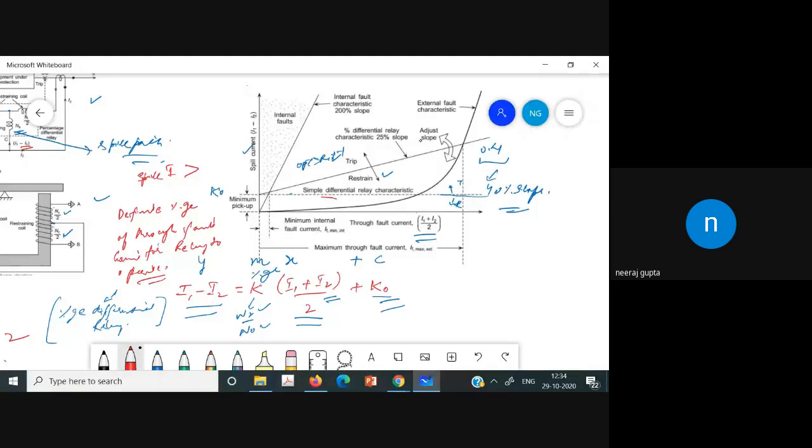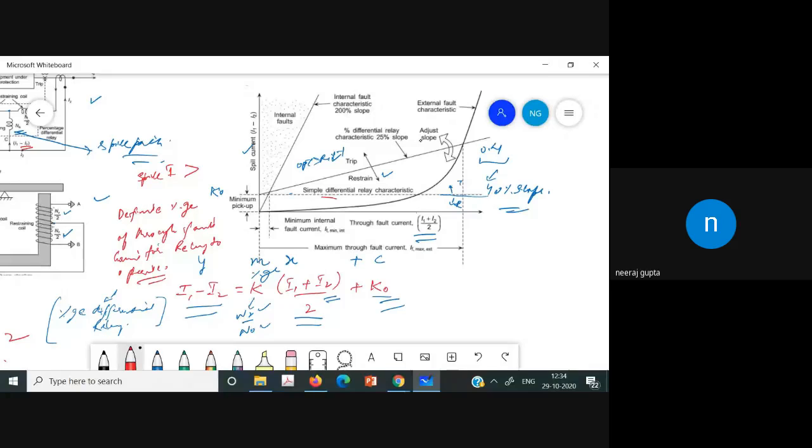Now, as you see, as the through fault current goes on increasing, the pickup value also goes on increasing. So it means that as the through fault current is increasing, we can ask the relay to take it easy by introducing the restraining torque, which is proportional to the circulating current torque.